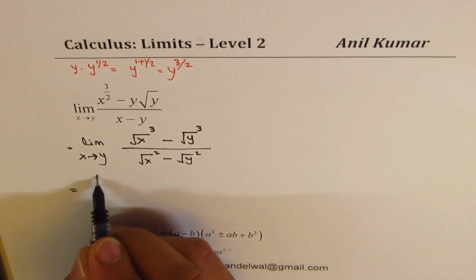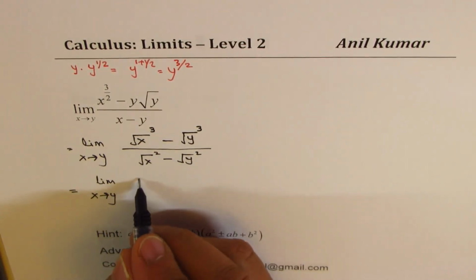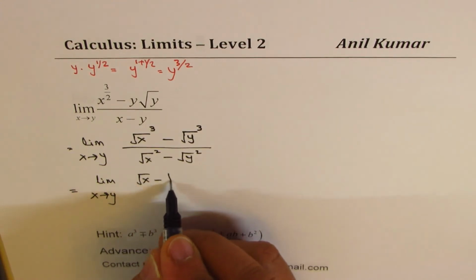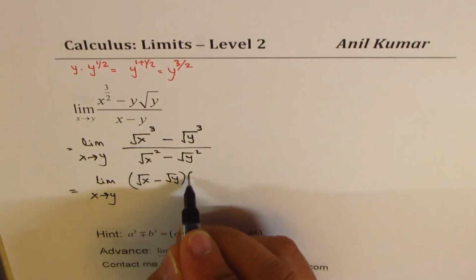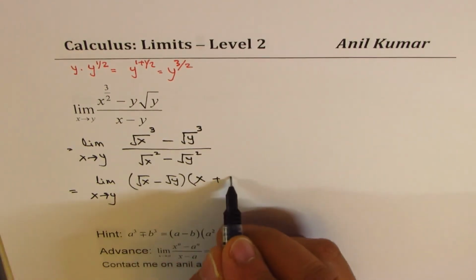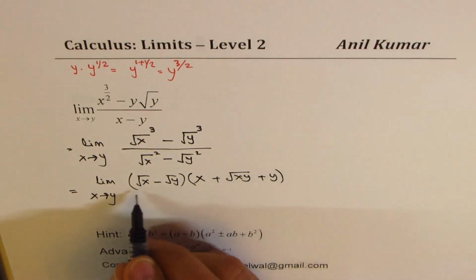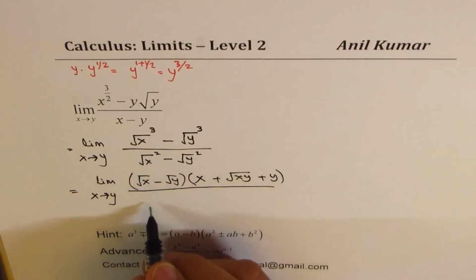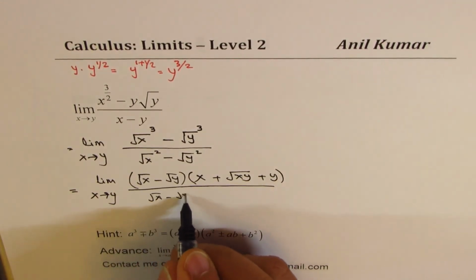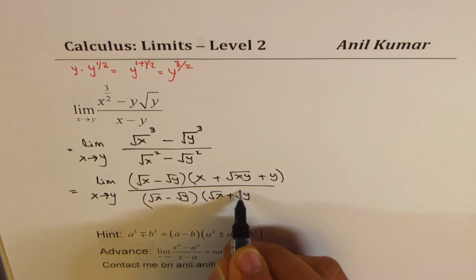So what we get here is limit x approaches y. This is square root of x minus square root of y times square of this, which is just x, plus product of these two, that is square root of xy, plus y, square of square root y. And here we have square root of x minus square root of y times square root of x plus square root of y.